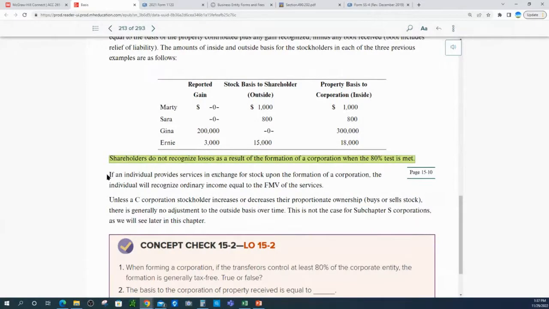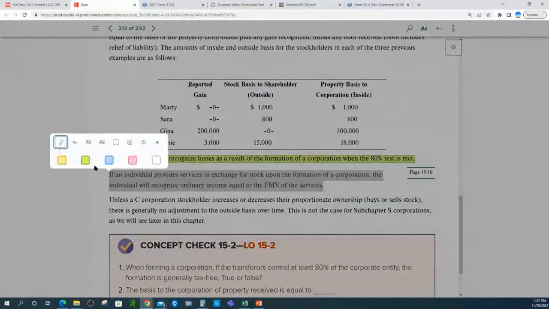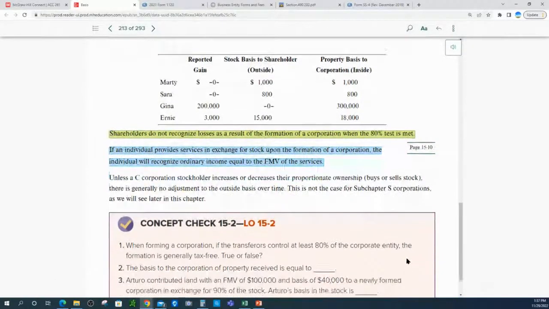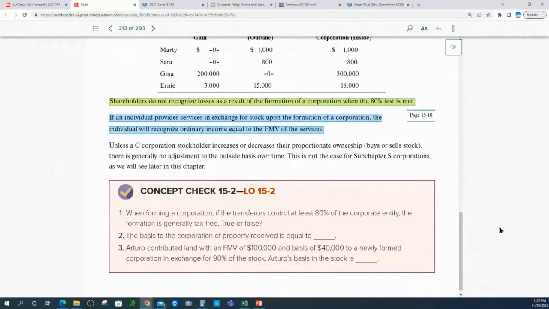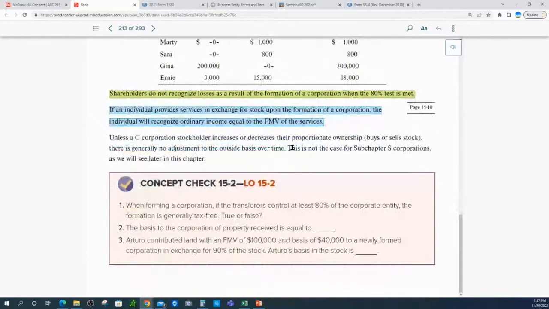So what about services? If an individual provides services, the individual will recognize ordinary income equal to the fair market value of the services. So that is the same as we discussed for partnerships, right? There is no adjustment to the outside basis over time, unless they purchase more shares of stock, or if they sell some of their stock. There's no adjustment to it, okay? S corporations are different in this regard.